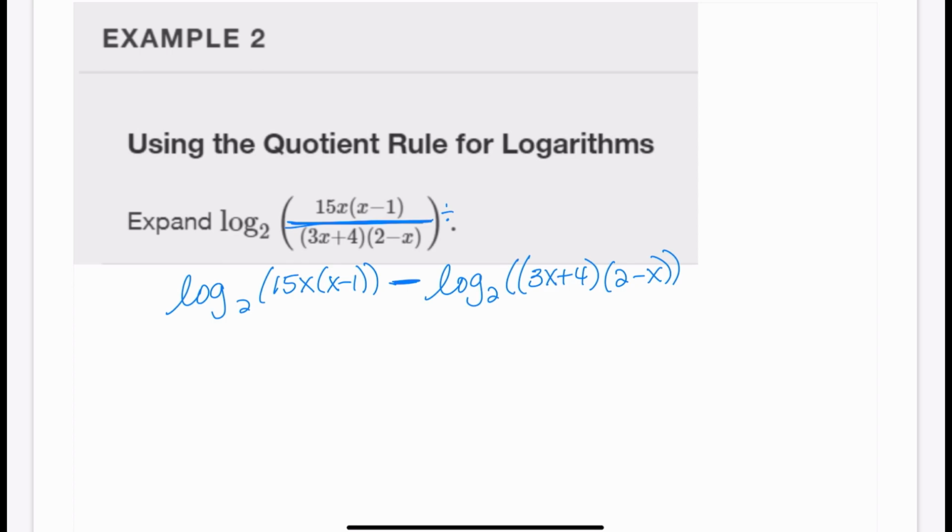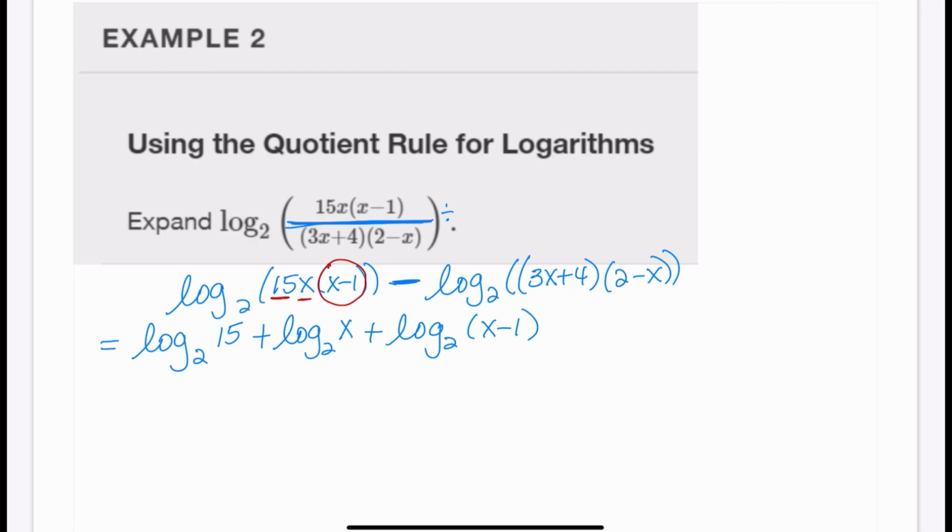So I'm going to rewrite this as the log base 2 of 15 plus the log base 2 of x plus the log base 2 of x minus 1. Why? Because everything is being multiplied together. 15 is multiplied to x, is multiplied to x minus 1. X minus 1 is a factor in parentheses, so you have to keep it like that. You're not going to distribute or anything like that.